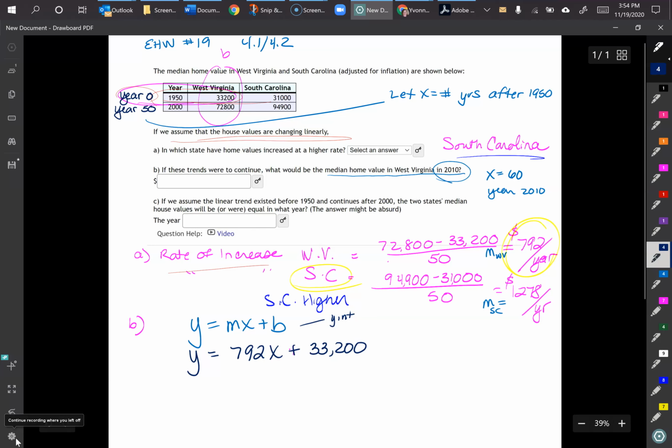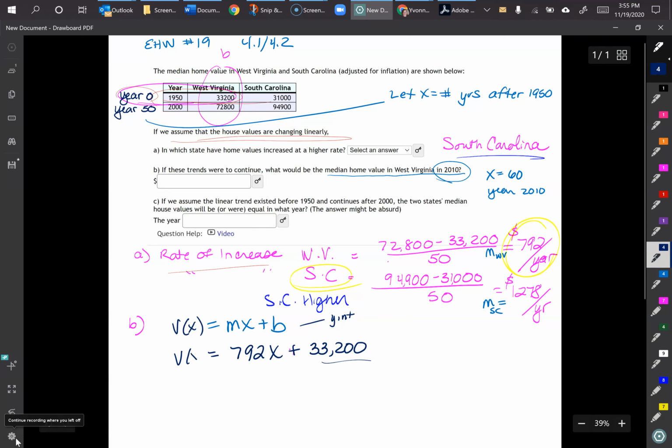I mean, you could plug in 2 points. If you had kept it as years, then you'd have to use that 1950. It would get a bit messy, but that's our initial year, our start year. So we can just pop that y-intercept right in there. And we are trying to find median value, so instead of y, maybe we'll call that v of x.